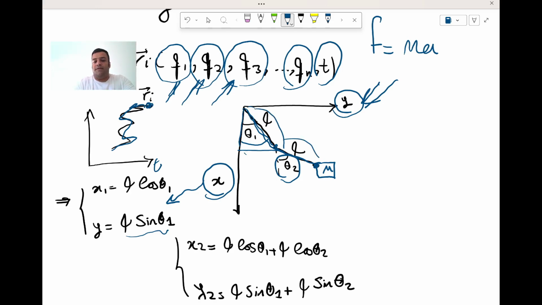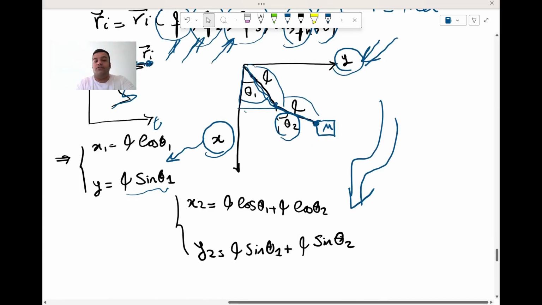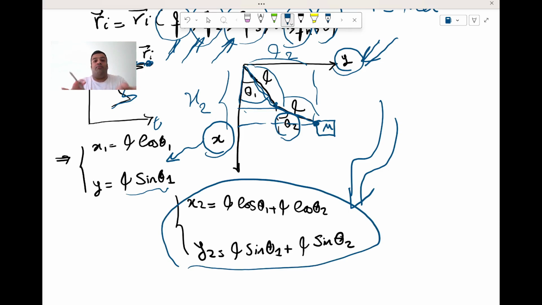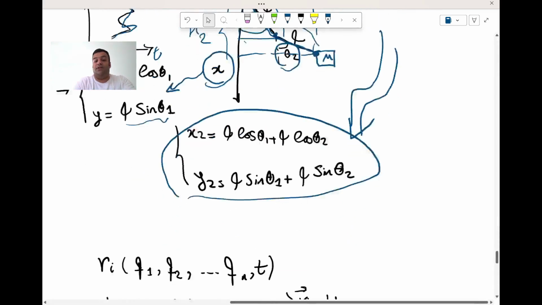You consider, for example, that this is x2 and that is L2. It's not in our proof, guys. I just want you to understand the meaning of this.